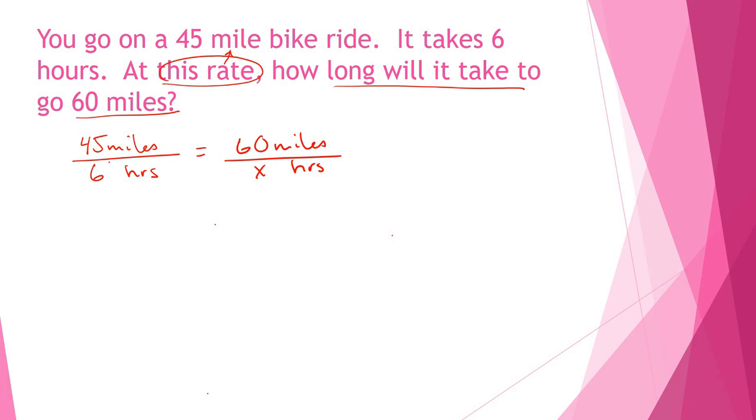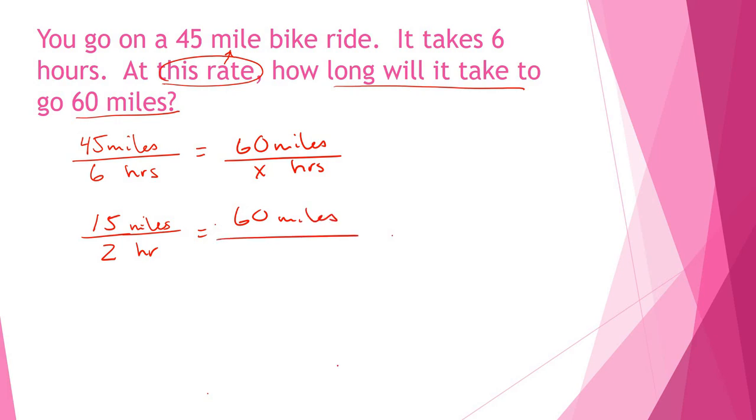I could simplify this side first because 45 and 6 are both divisible by 3. So 3 goes into 45 15 times. 3 goes into 6 2 times.